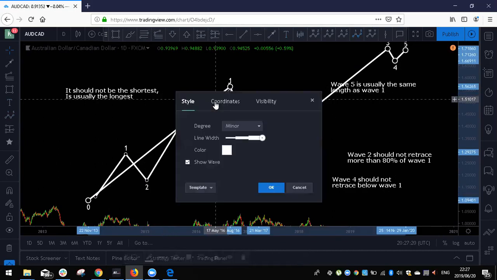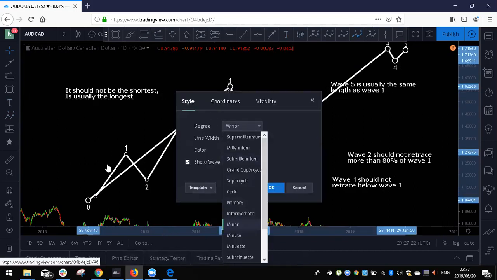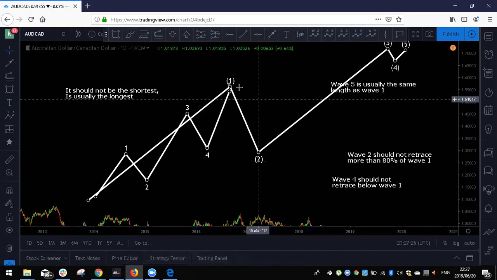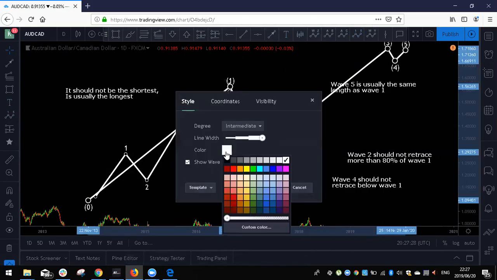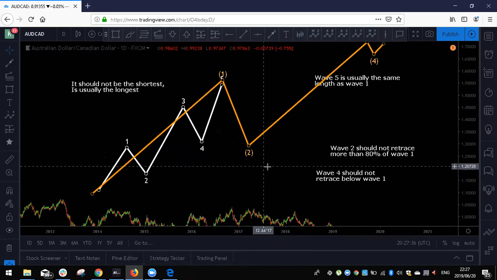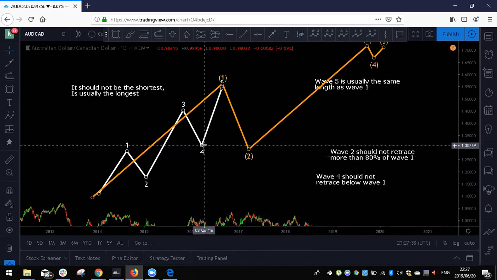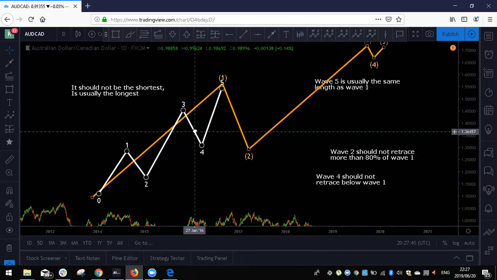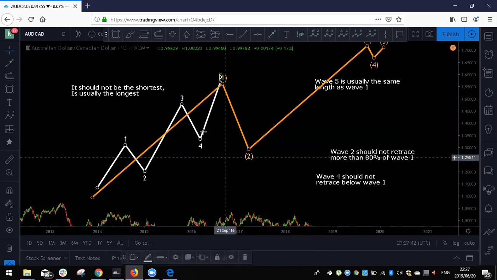Let me change. You see this one is minor. This one would be intermediate. Let me even change the color, make it blue, something visible. So it's like this. Wave 1, since it's a motive wave, is going to have a structure like that.